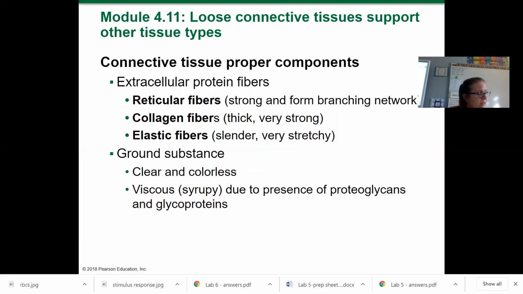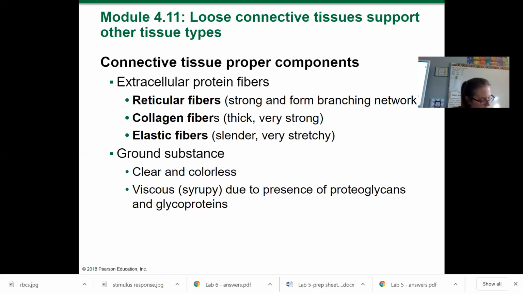All right, I know I'm going more than 5 minutes, so I'm just going to quickly point you to the right pages and let you go. Page 160 starts the loose connective tissue, so it will go through the reticular, collagen, and elastic fibers. Then page 162 goes through the dense connective tissues, and 163 is the fluid connective tissues. Cartilage starts on page 164, bone on page 166, okay?